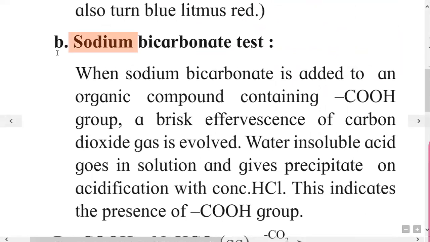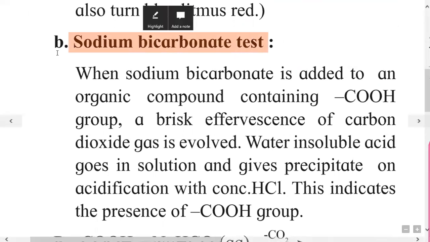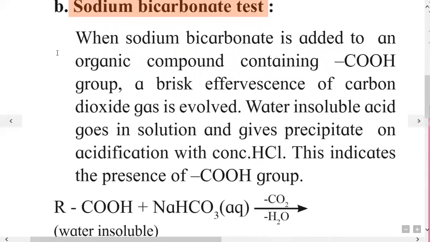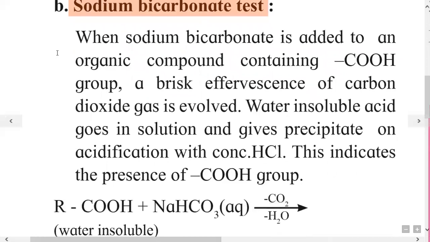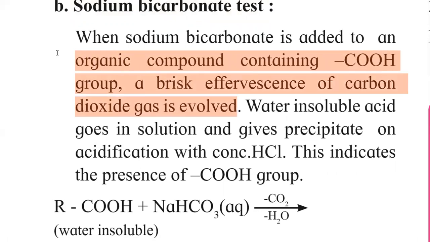The second test for carboxylic acid is the sodium bicarbonate test. Sodium bicarbonate is NaHCO3. When sodium bicarbonate is added to the organic compound, brisk effervescence of carbon dioxide gas is evolved.